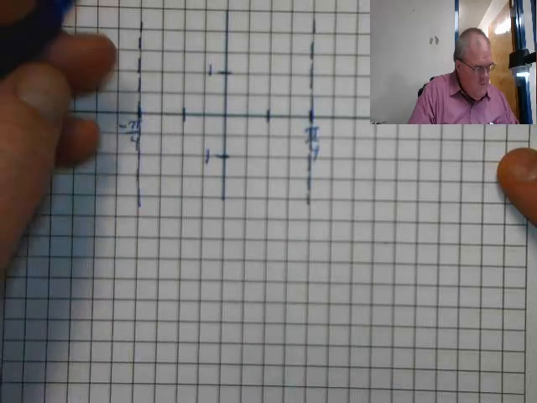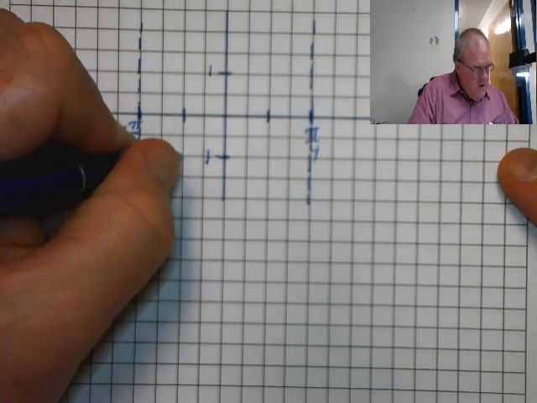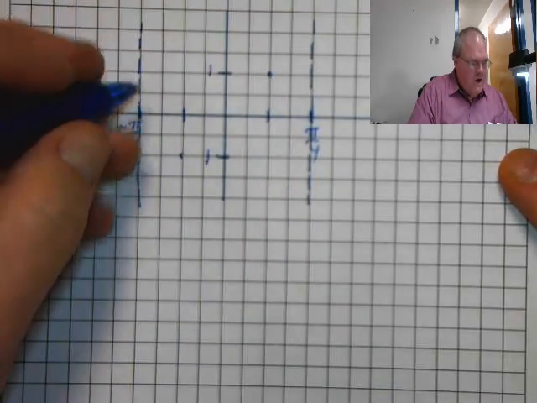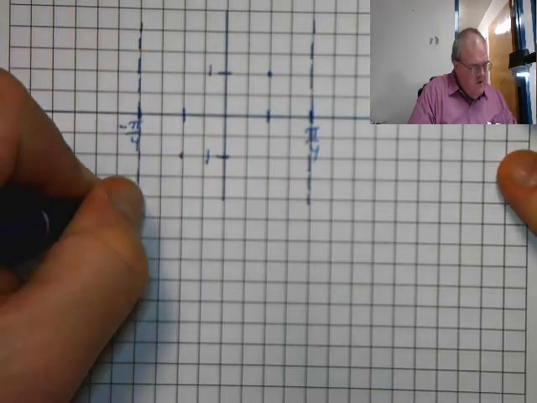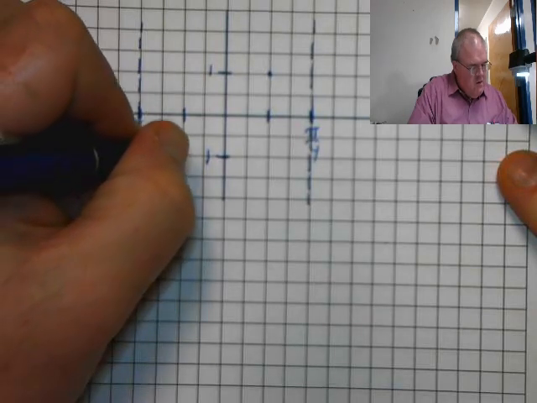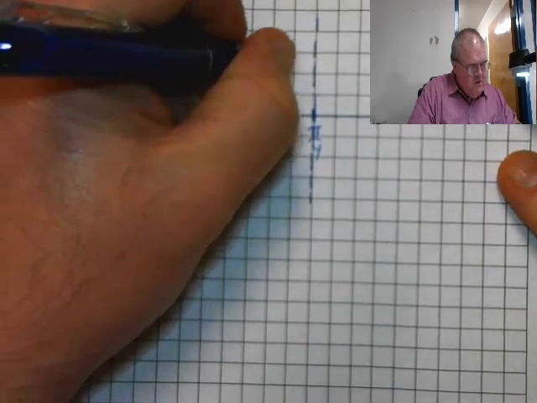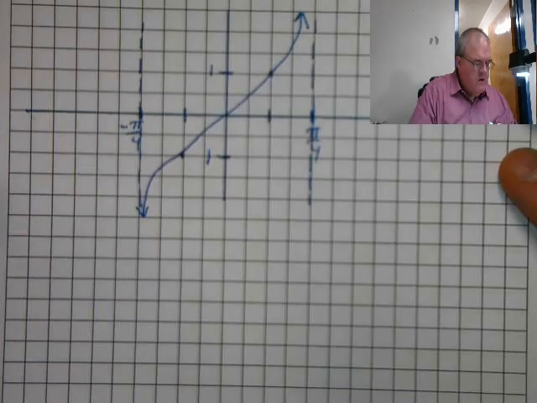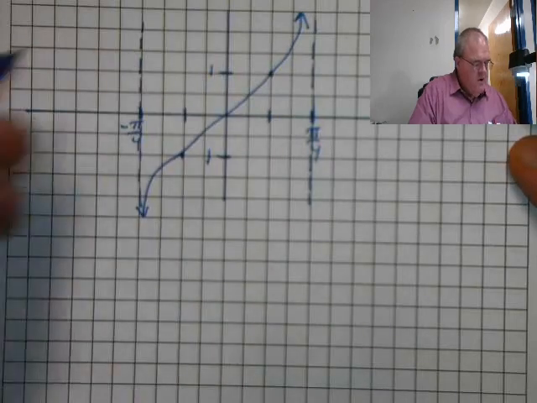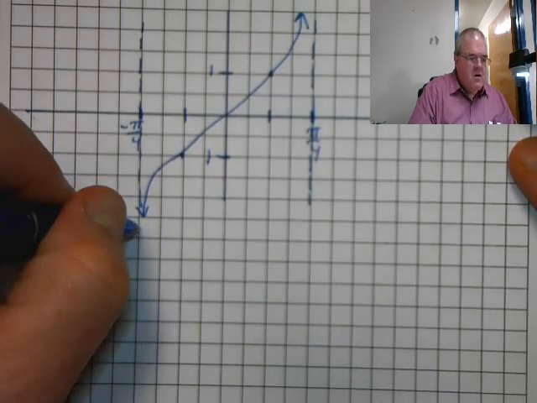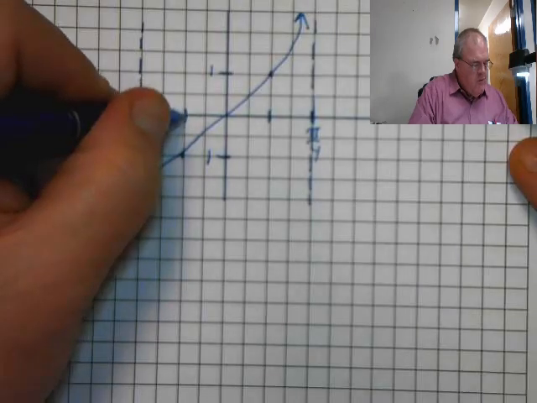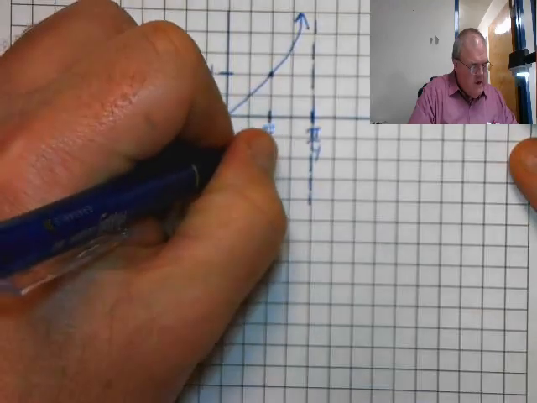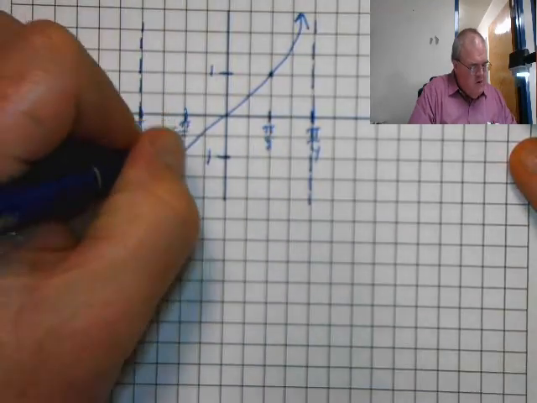So with my asymptotes, that means that at my middle point, I'm going to hit my amplitude. So when I graph this, I'm going to come through something like this for my graph. So halfway between pi over 4 and 0 is pi over 8 and negative pi over 8.